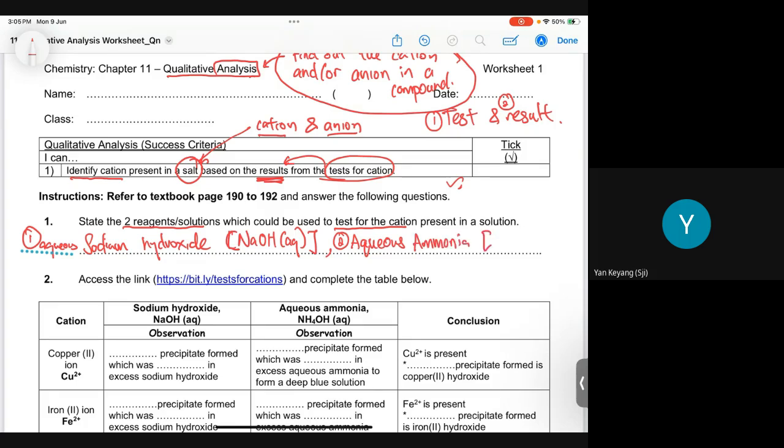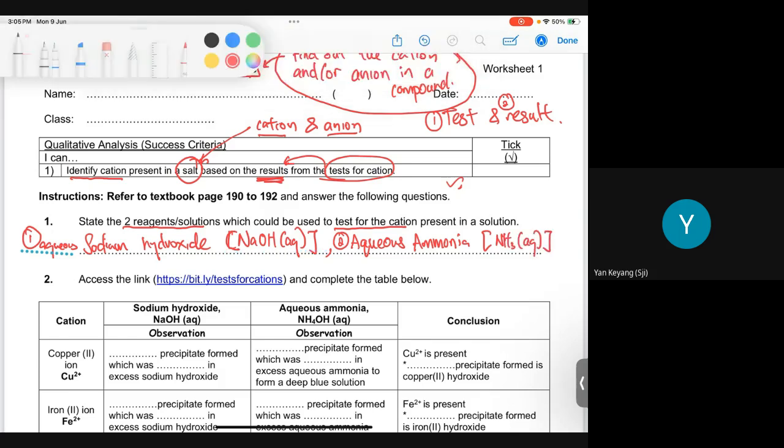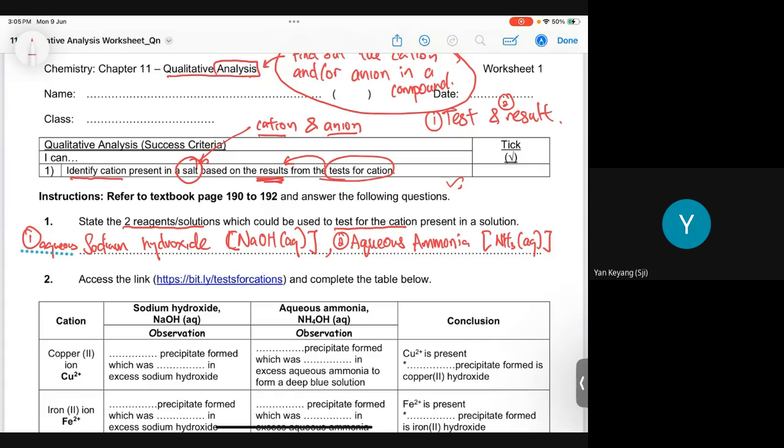You normally see it as NH3 aqueous. So this is your aqueous ammonia. What is exactly happening in aqueous ammonia is that when you put ammonia inside water, it will dissociate to give you ammonium cations plus hydroxide anions.